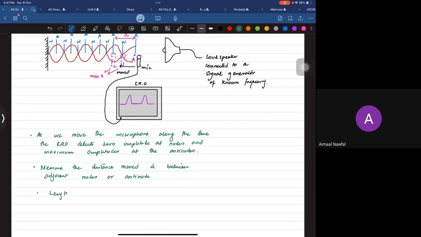The length between two adjacent nodes or antinodes will be equal to half lambda. Sorry, d will be equal to half lambda. What you're going to do is you can find lambda by simply multiplying the distance by 2.